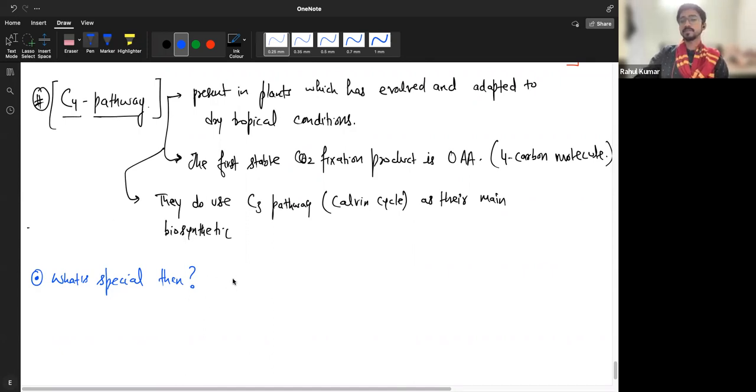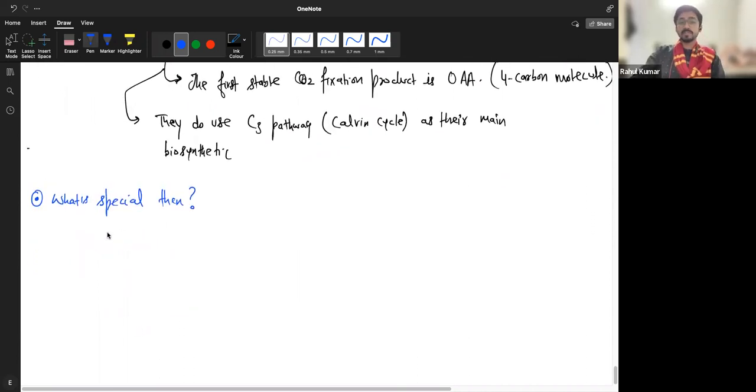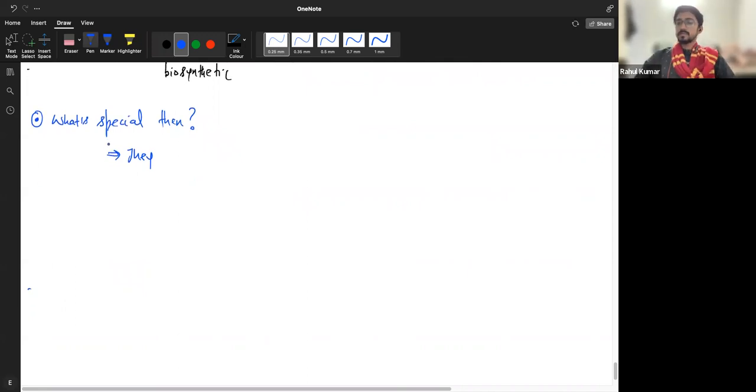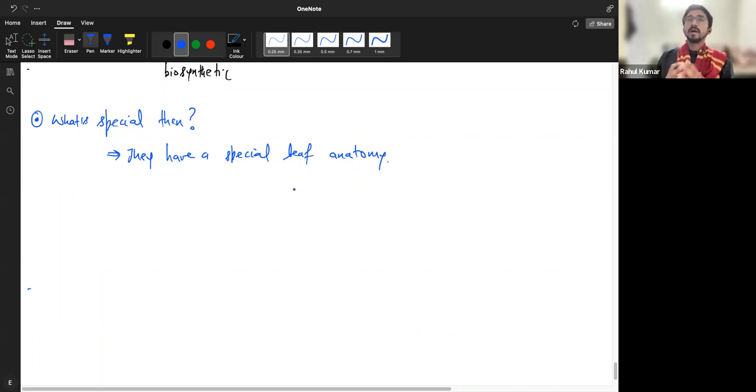So clearly, the special thing is that they have a special leaf anatomy. Now, what is special about this leaf anatomy? So what they have is something called bundle sheath cells. Now, do you understand what is a sheath?